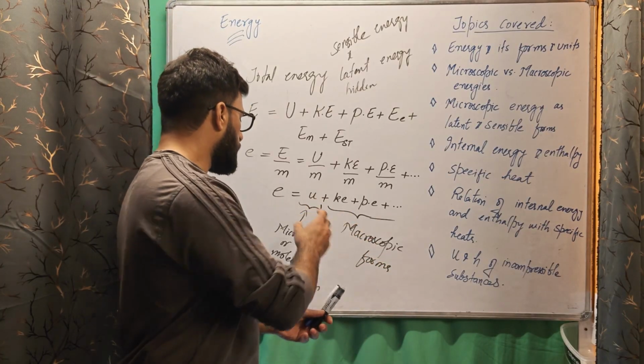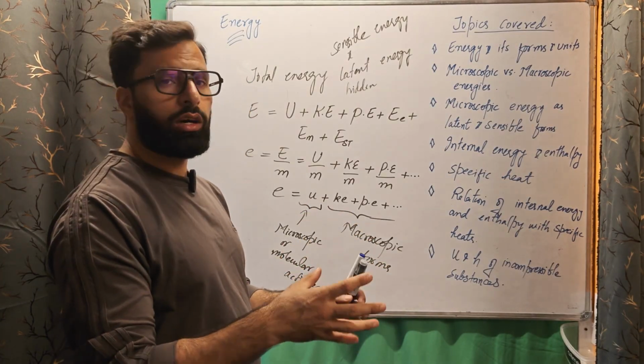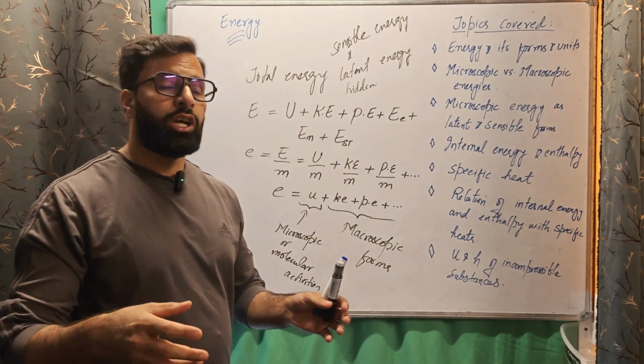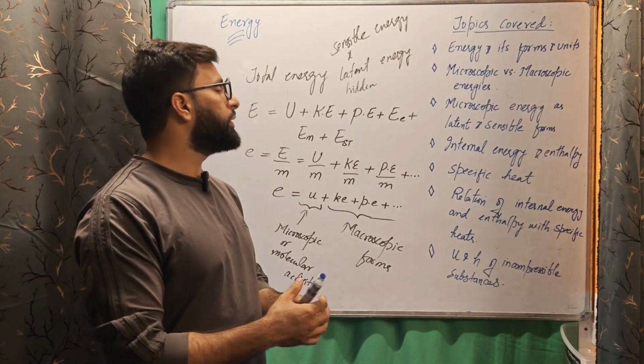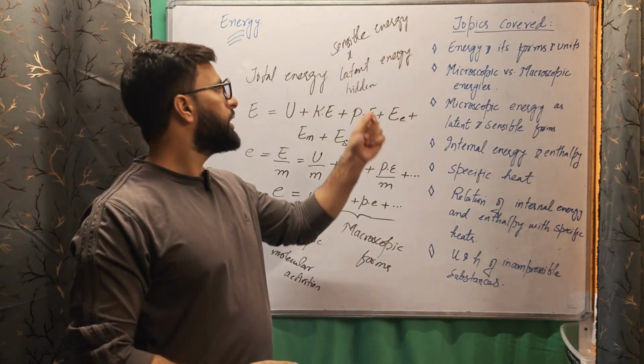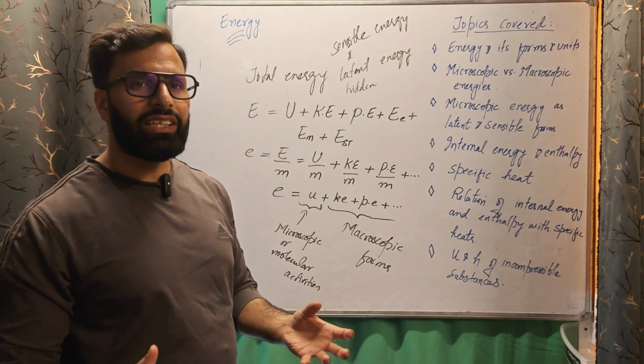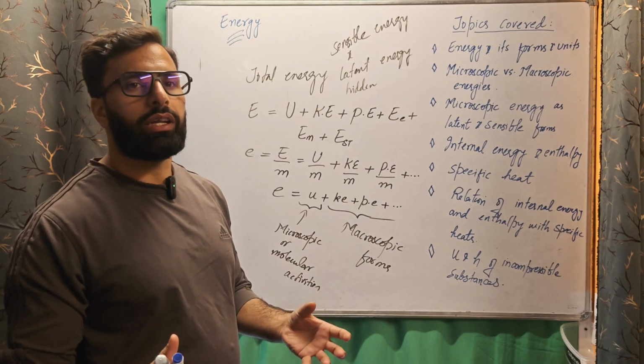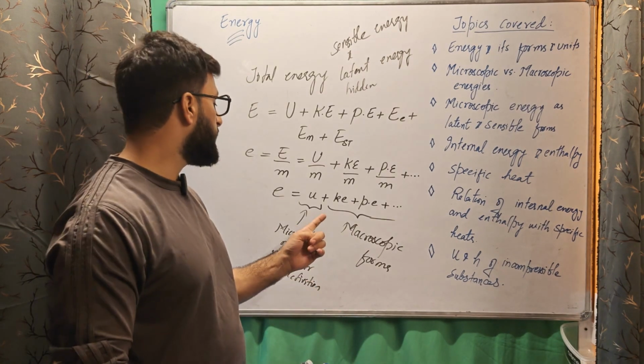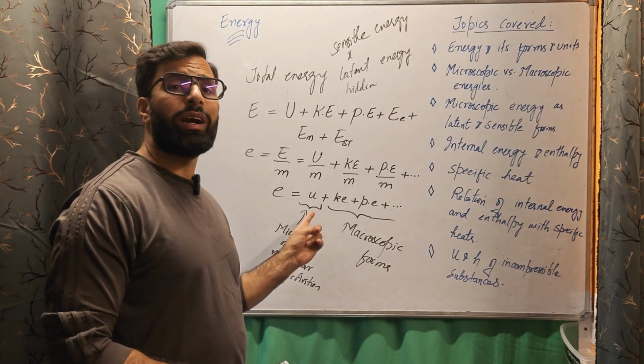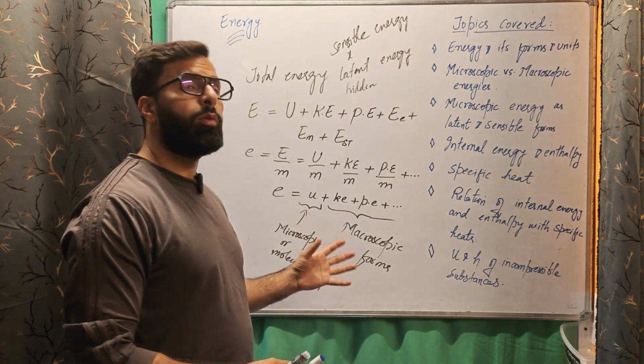So these internal forms of energy, we sense them in two forms: sensible energy and latent energy. So that heat, or thermal energy, that we know is basically the manifestation of these microscopic, molecular activities.